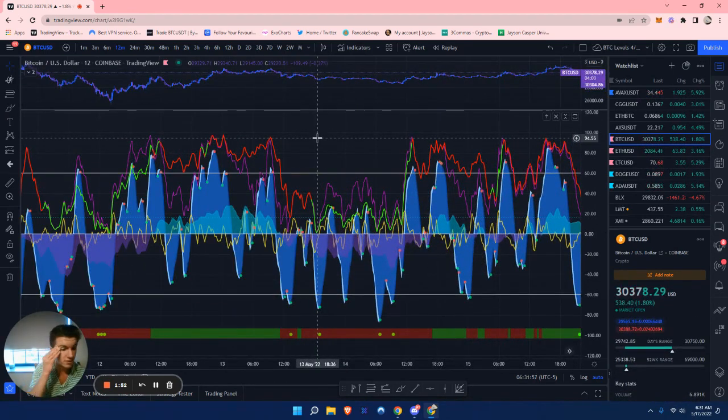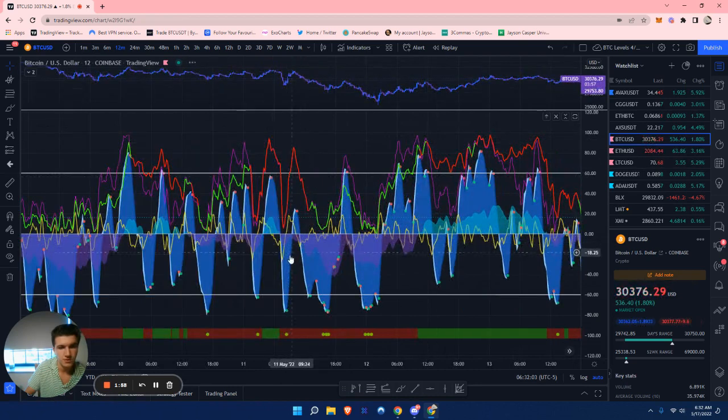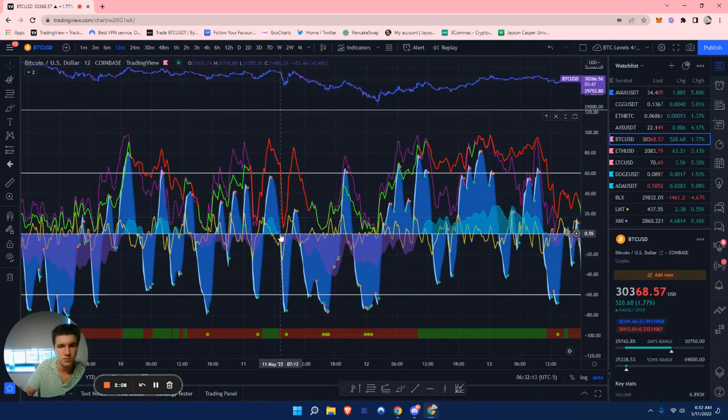Feel free to check that out in the Market Cipher strategies playlist. From my notice, whenever you get a pronounced or long money flow crossover into the red right here, same with the green, price tends to react accordingly, and it reacts quite well.